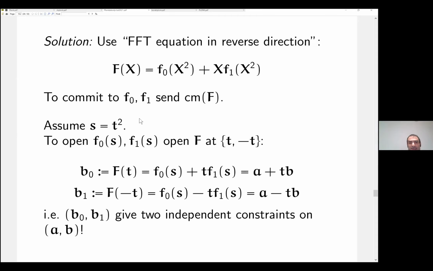And now the verifier will check using the openings of capital F that the unique B0 and B1 they derived from the alleged A and B values are correct. So let me maybe pause here for half a minute to see if there are questions, because this is really the central thing.